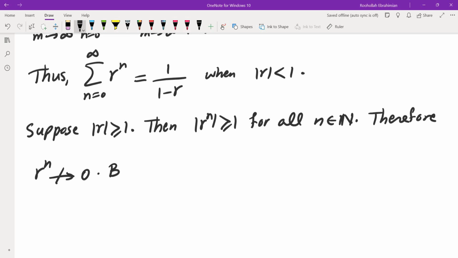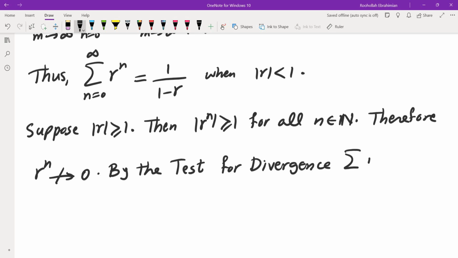So by the test for divergence, the sum of r^n diverges. We know the nth term does not approach 0, which means the series must diverge.